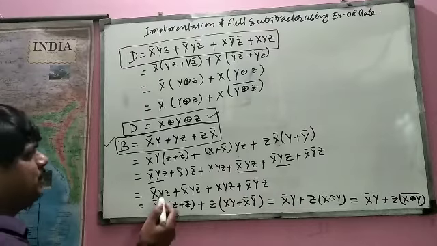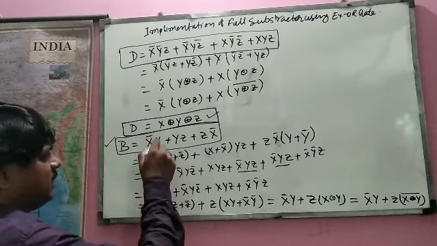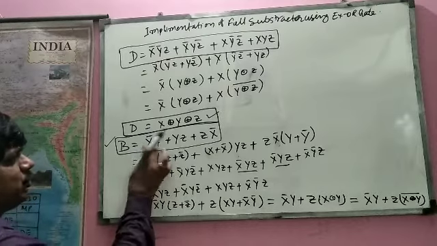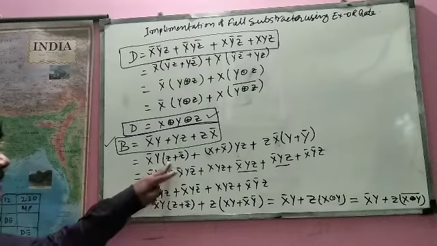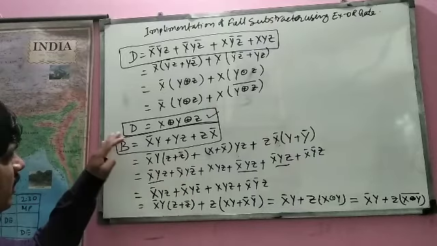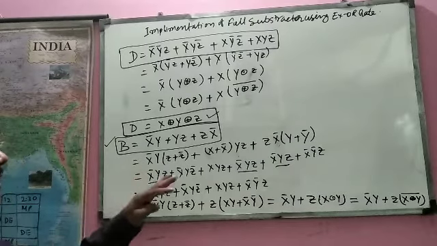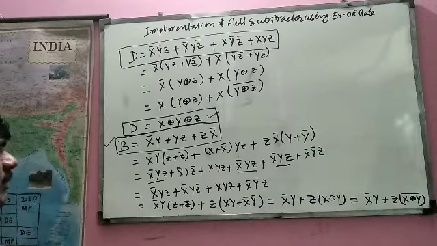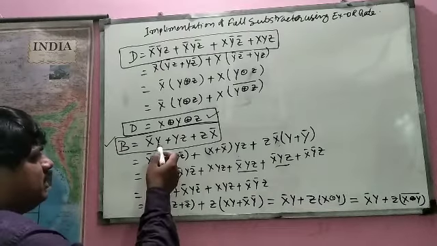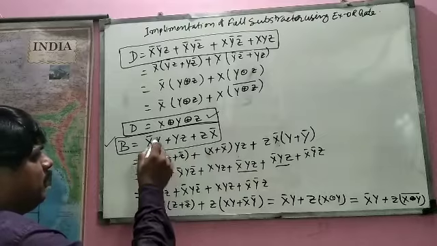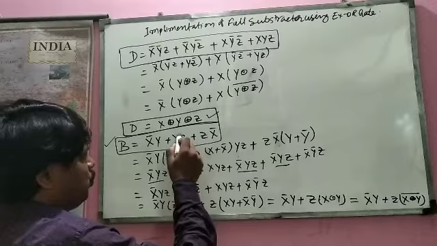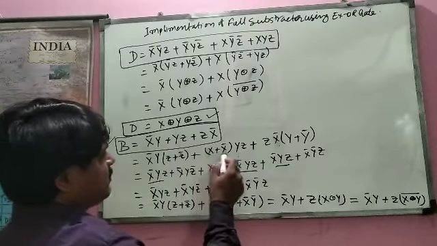Let us suppose it has xy, so z is not there, so multiply with z plus z bar, so that the value comes out in all the variables x, y, z. Here x is not there, so we will multiply this term with x plus x bar.